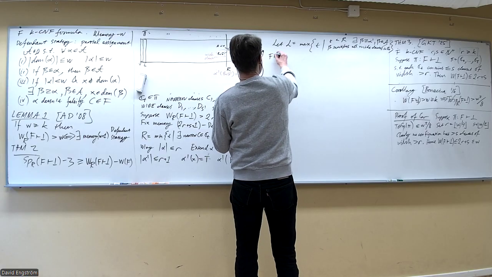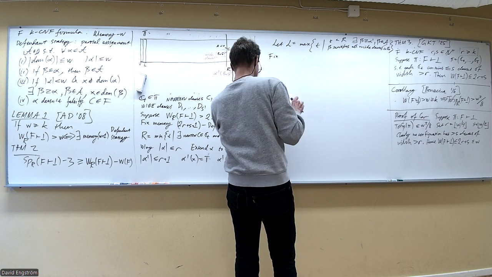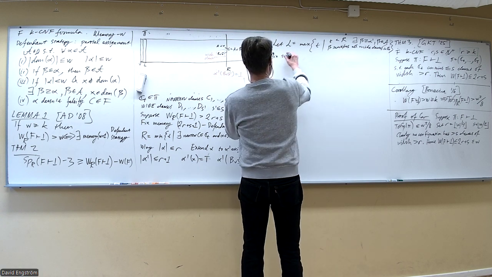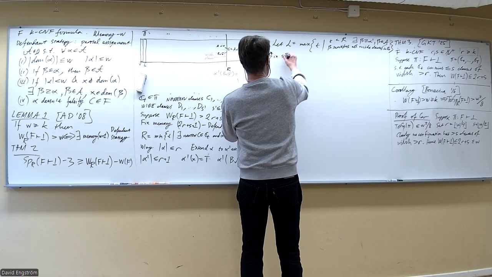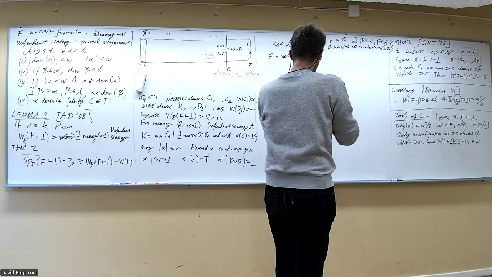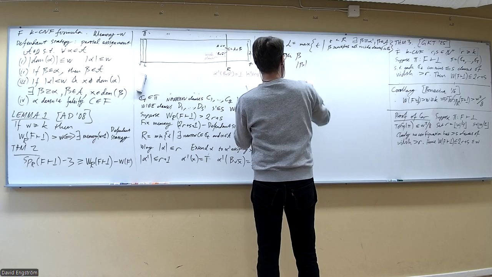Okay, so now fix. Given that I've chosen L, we fix such a beta, and we note that without loss of generality, let's see how large beta is.